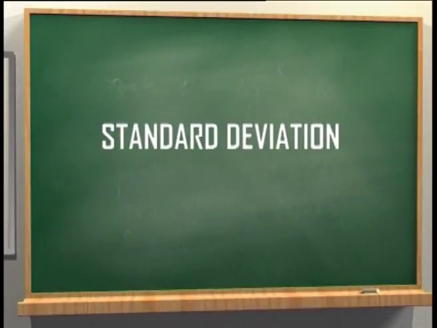And finally, we will be discussing standard deviation. The standard deviation measures the spread of the data about the mean value. It is useful in comparing sets of data which may have the same mean but a different range.